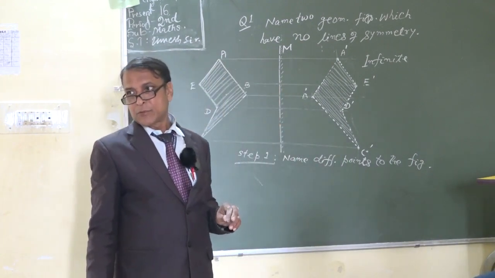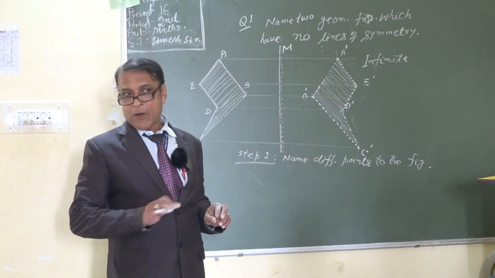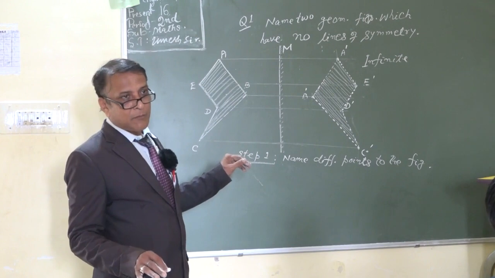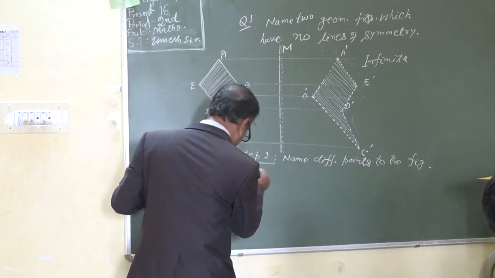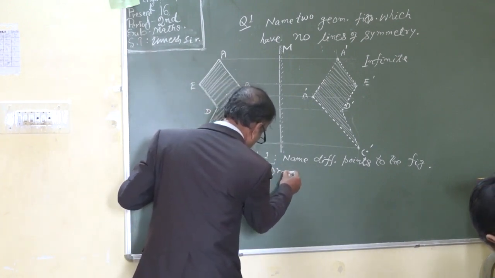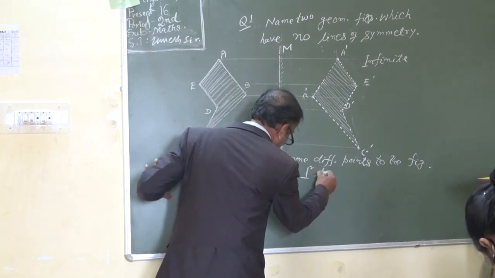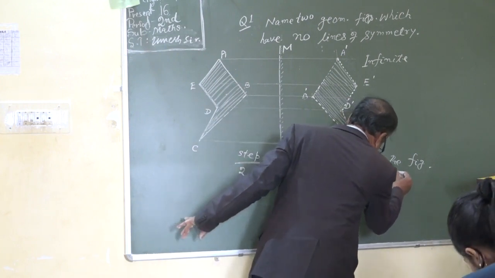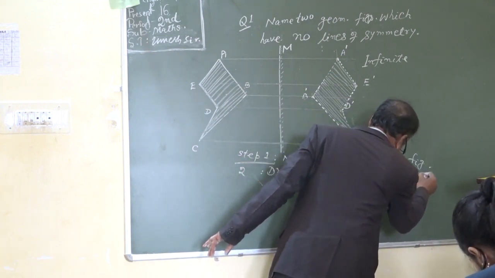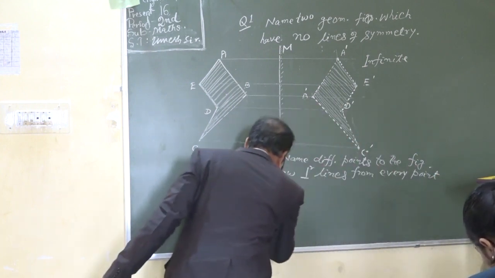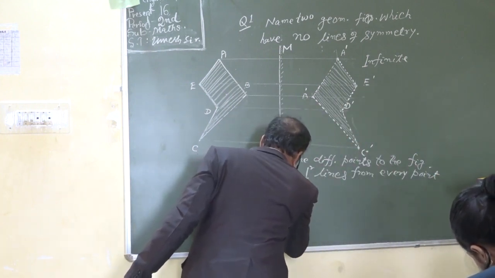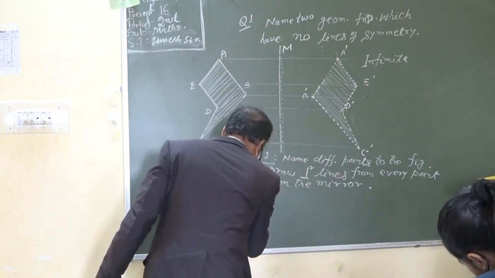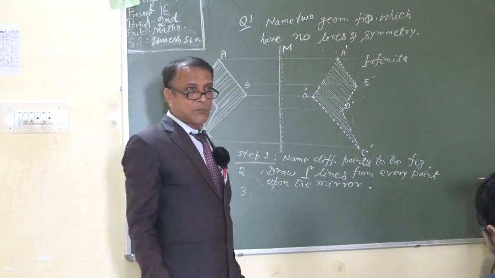Then what is the next step? Step 2: draw perpendicular lines from every point upon the mirror.